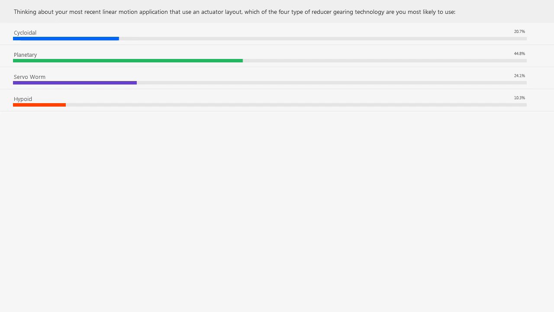Not surprising, Planetary came out at about 45%, servo worm at 24%, cycloidals 21%, and then Hypoid at 23%. Each of these lends itself to a variety of factors in positioning or configuring relative to machine or application footprint, but bearing structure and support capacity also come into play.